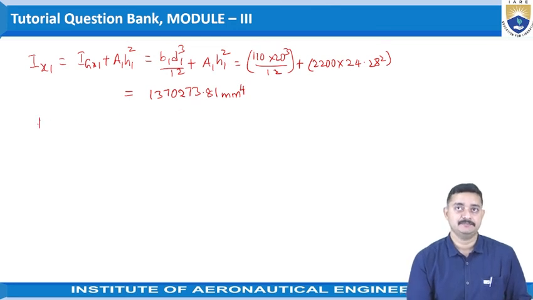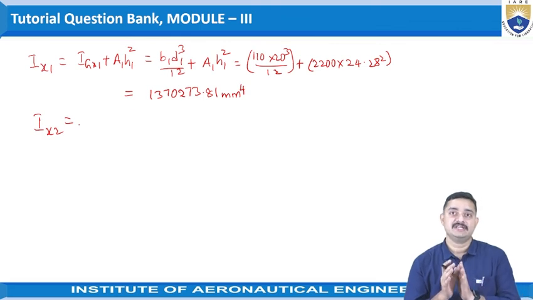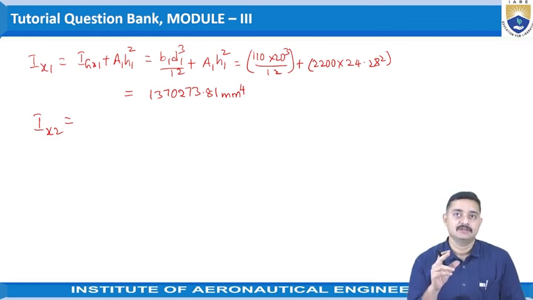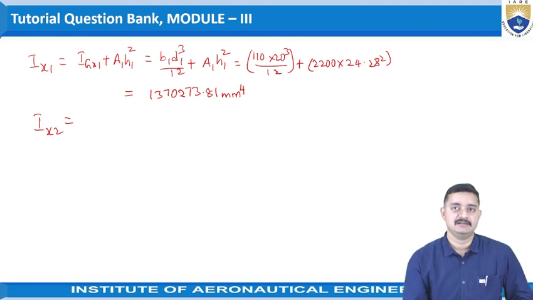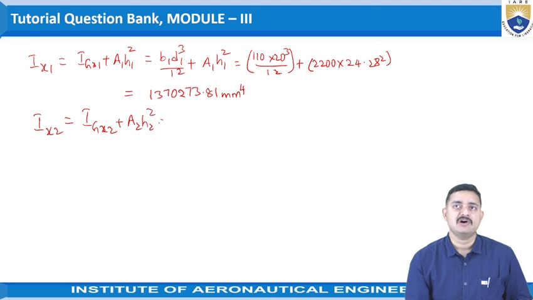Now similarly, Ix2, that means the moment of inertia of part 2 with respect to the total section's centroidal axis. Hence that would be Ix2 is equal to Igx2 plus A2 H2 square. All these values we have obtained in the previous slide, right?